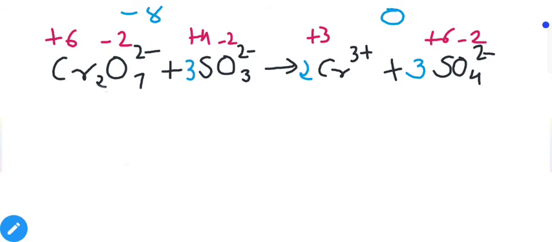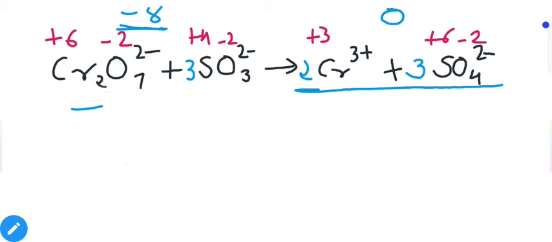Now the total charges are mentioned on top. So as we discussed, we should add H plus. Already on the product side we have higher charge, and if we add H plus on the product side, it will increase further. But we can add H plus on the reactant side so that we can decrease the negative charge, and that's how we can equalize the charge.